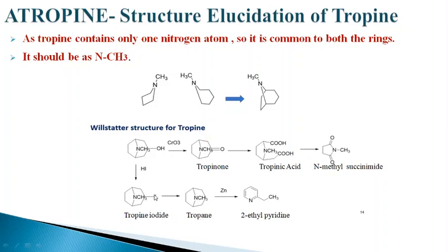You can see the iodide has been replaced by H, reduction converting it into tropane, which on zinc dust distillation converts into a well-known compound, 2-ethylpyridine. This means that the piperidine ring is present in tropane. Thus the formation of 2-ethylpyridine is explained by this Willstatter structure.